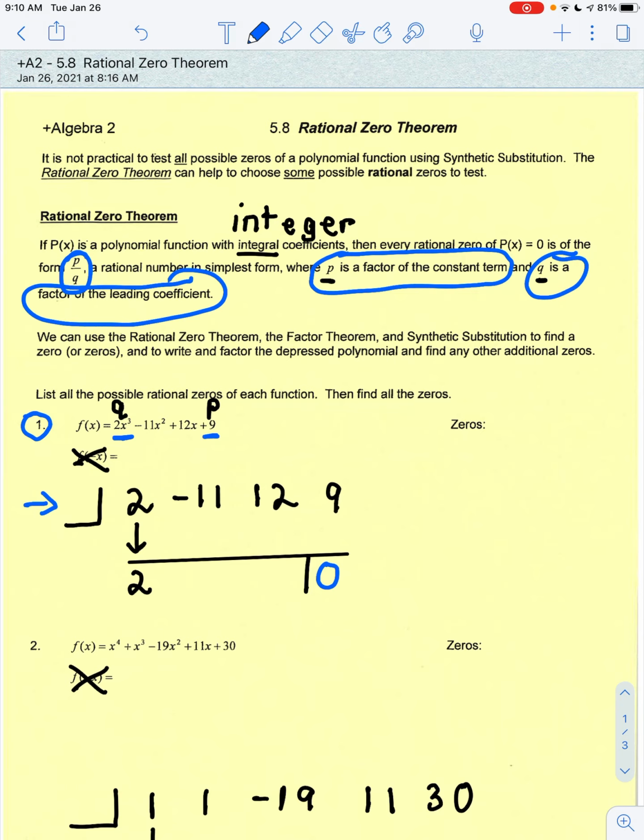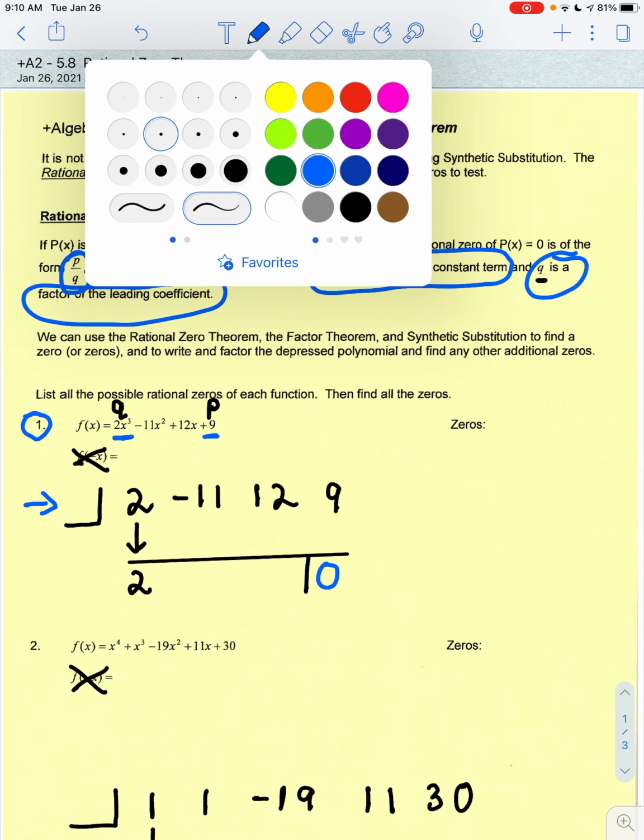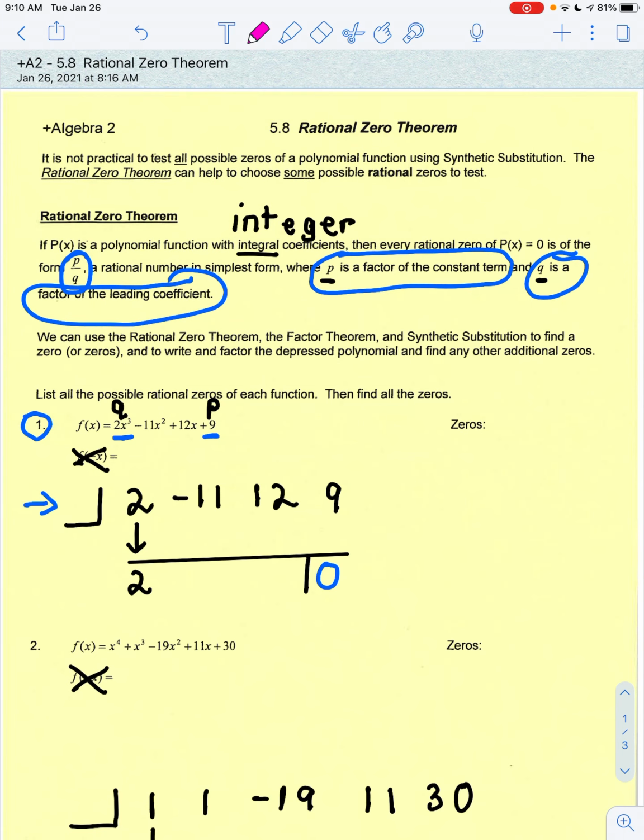So above the problem here, I'm going to change the color of my pen. For p, I'm looking for all the factors of 9. Because zeros can be both positive or negative, I need to list plus or minus. The factors of 9 would be 1, 3, and 9.